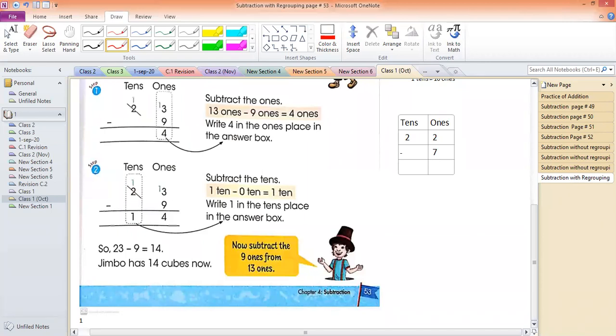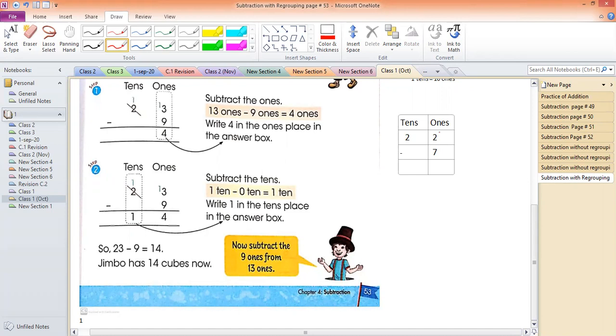From a smaller number, we cannot take out a bigger number. If I have 2 chocolates, I cannot give 7 chocolates to my sister, because I have less and my sister needs more. So 7 is more, 2 is less. I cannot subtract 7 from 2.